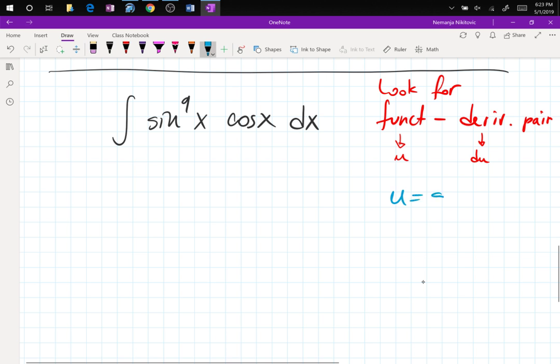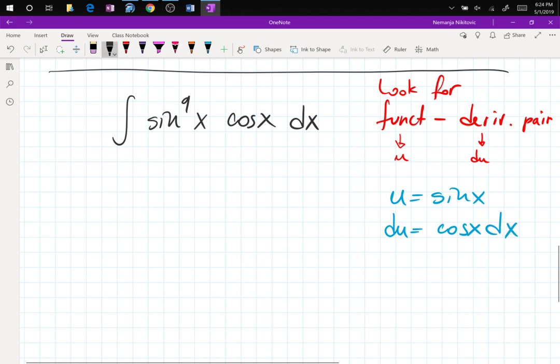u equals sine x, du equals cosine x dx, and then the dx immediately goes to the other side. You'll get used to immediately doing this without moving dx in the next. So, do I have this as a substitution?